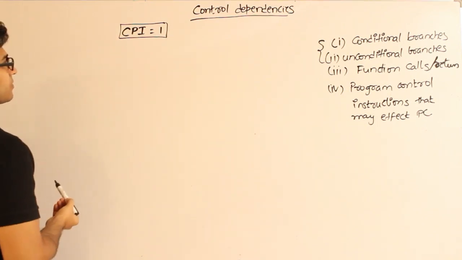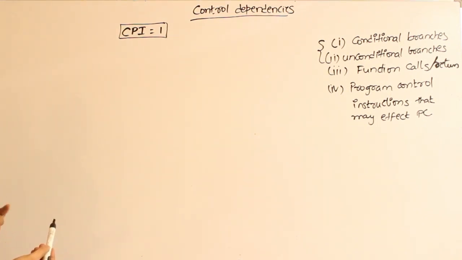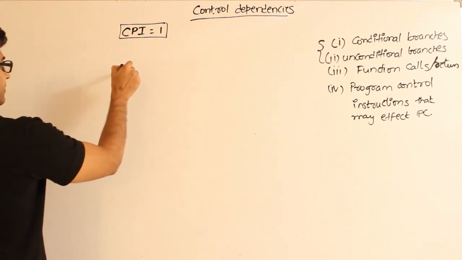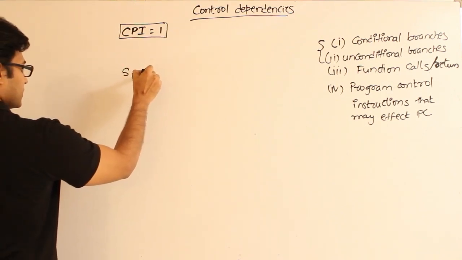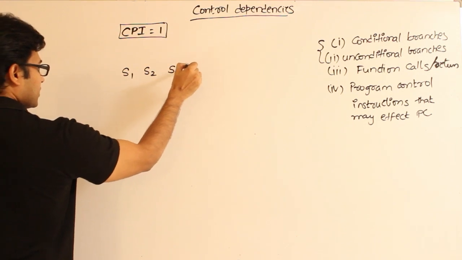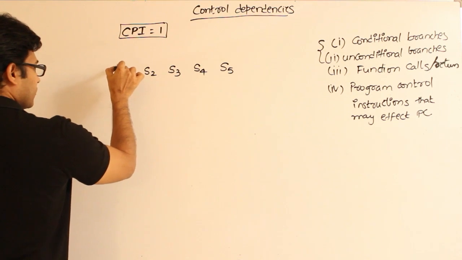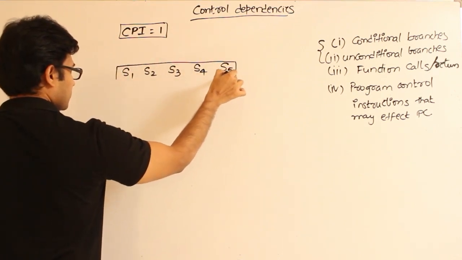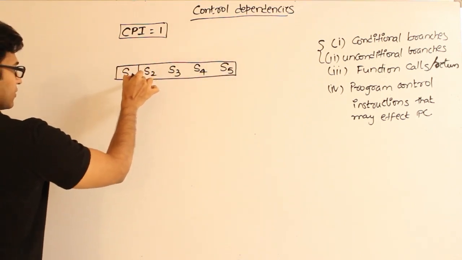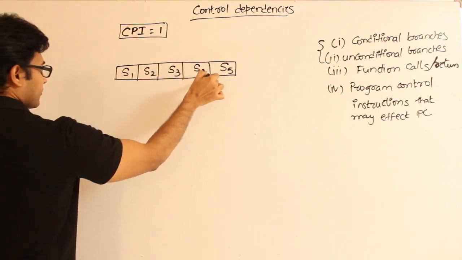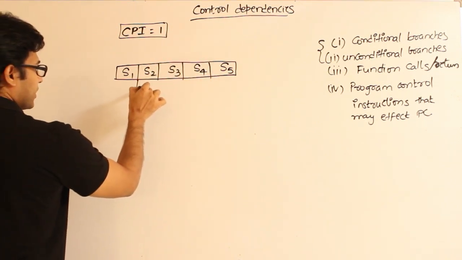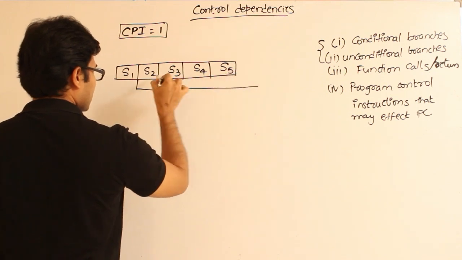Assume that we have a pipeline with 5 stages: stage 1, stage 2, stage 3, stage 4, stage 5. We can take a few instructions and try to execute them and see what happens. So this is the first instruction, and the second instruction is going to be like this.